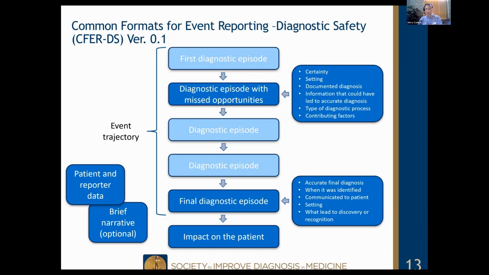So again, that's another one of our criteria for a diagnostic safety event. What was the setting where the final diagnosis was made? And then what ultimately led to discovery or recognition, right? Maybe it was the patient that insisted, well, I think it's this diagnosis, right? So those are different kinds of data elements that we capture there.